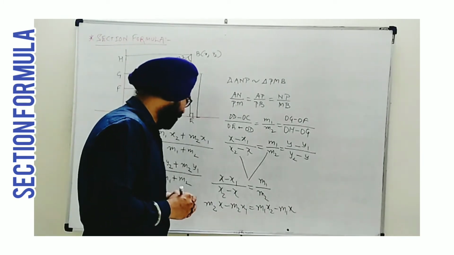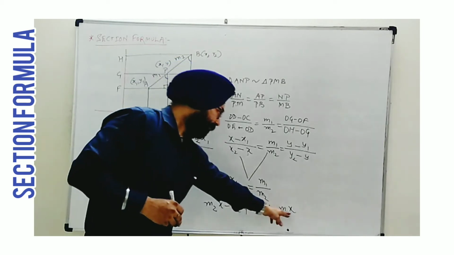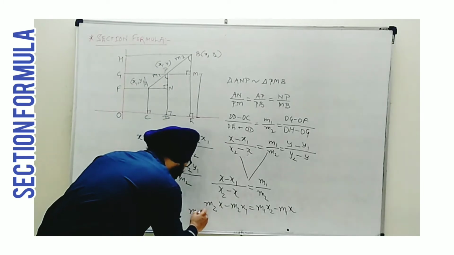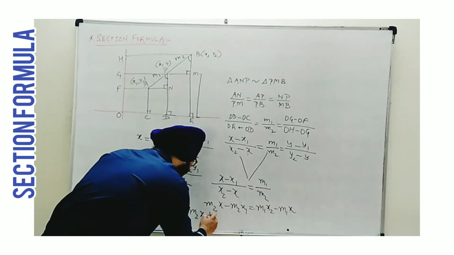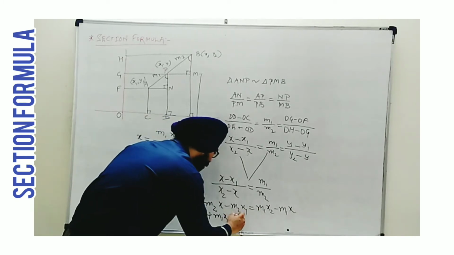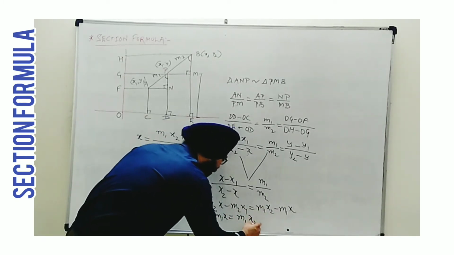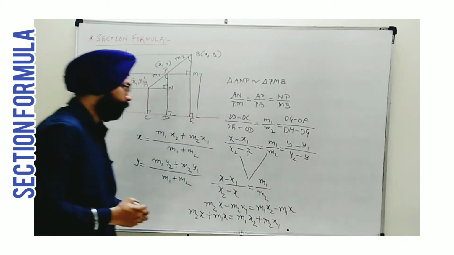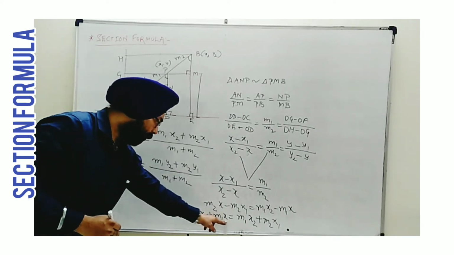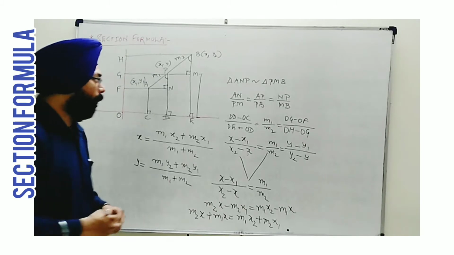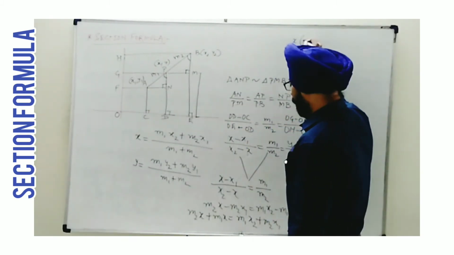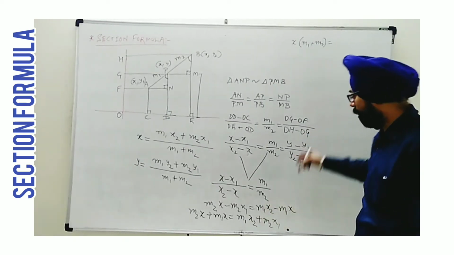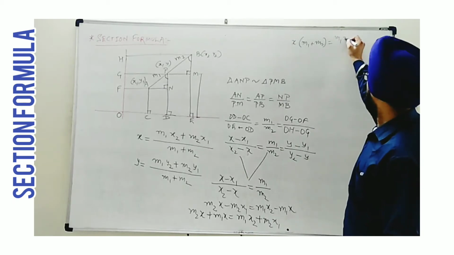We have to club them, and like terms means terms containing X. So the terms of X will be kept together: M2X plus M1X on the left hand side, equal to M1X2 on the right hand side, and when this term is shifted to the right hand side, we get plus M2X1. After this, from these two, what's common? X. So when we take X common, inside we are left with M1 plus M2 equal to this, which remains as it is. No further simplification is needed.